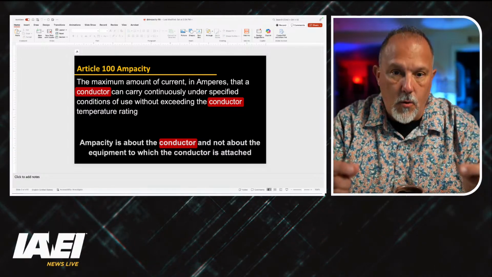And what we know is that the ampacity values in Table 310.16 are based upon a condition of use, which is defined in the title of Table 310.16. And those conductors, under those conditions of use, can handle the amount of current based upon the insulation rating of the conductor and how it's applied.